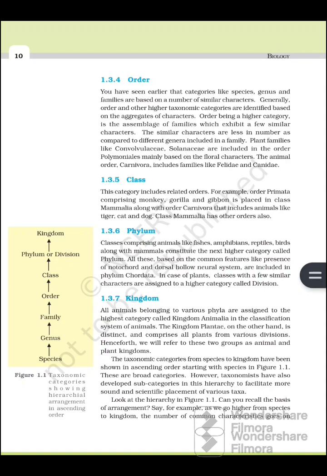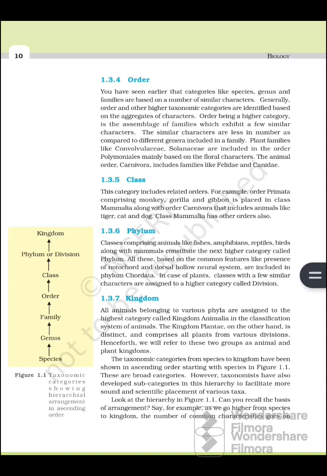The similar characters are fewer as compared to the different genera included in a family. Plant families like Convolvulaceae and Solanaceae are included in the order Polemoniales, mainly based on the floral characters. The animal order Carnivora includes families like Felidae and Canidae.